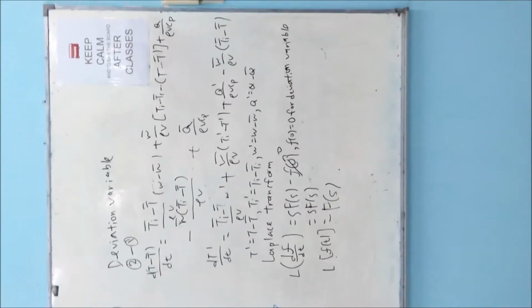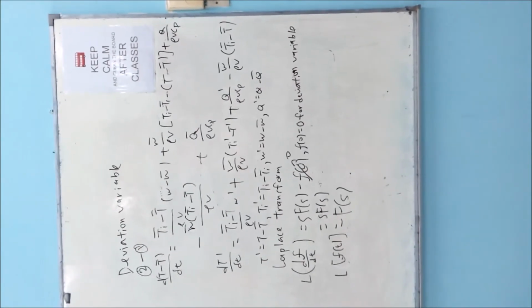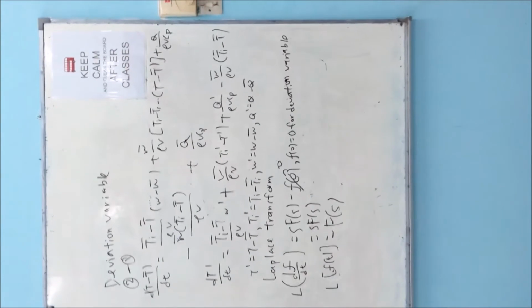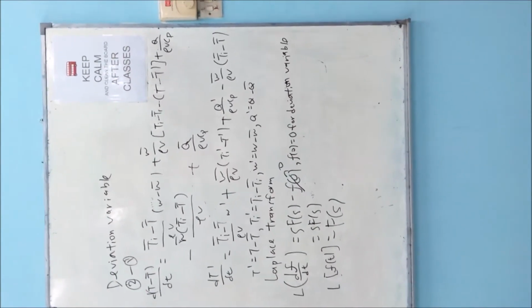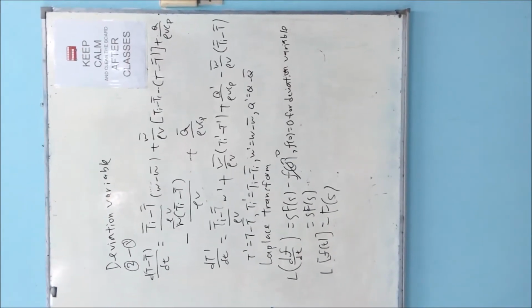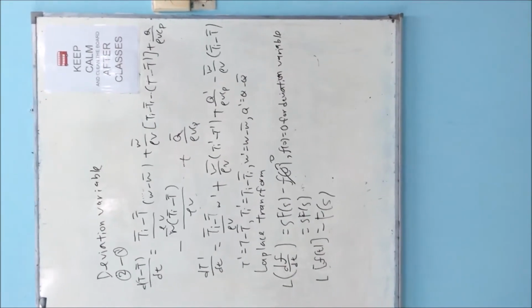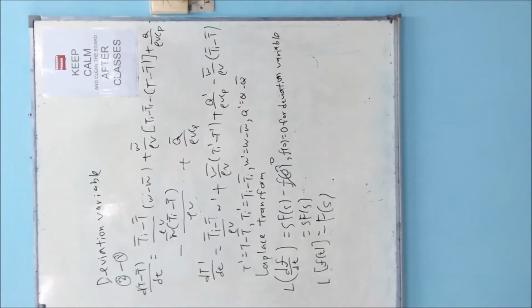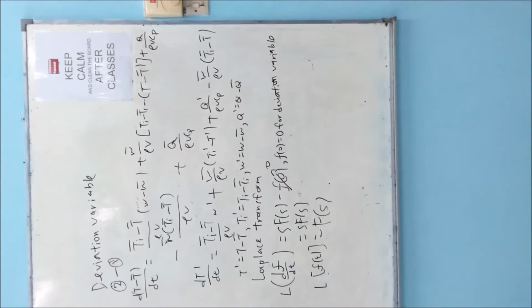Thus, if we say that T prime is T minus T bar, T_i prime is T_i minus T_i bar, w prime is w minus w bar, and q prime equal to q minus q bar, we'll have the equation dT prime/dt equal to (t_i bar minus t bar) over rho v times w prime plus w bar over rho v times (t_i prime minus t prime) plus q prime over rho v c_p.